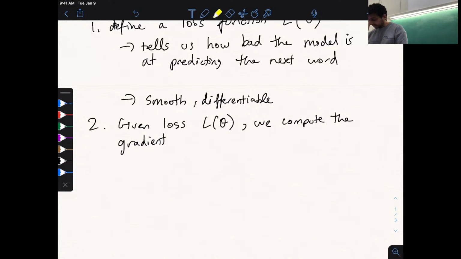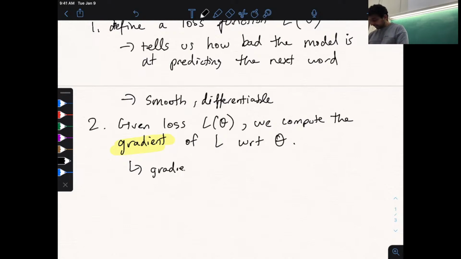I'm just going to highlight this because it's very important, the gradient of L with respect to theta. So what does the gradient tell us regarding this loss function?